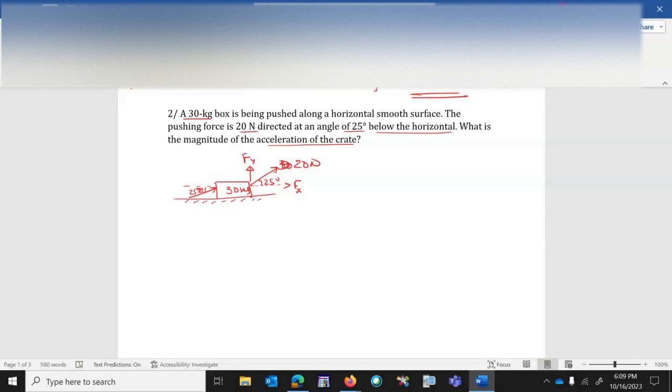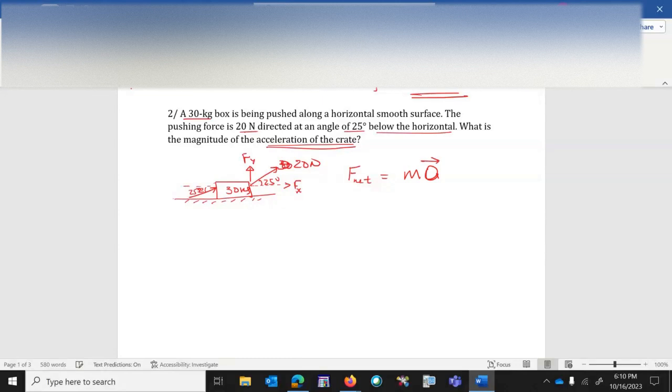The X component force is the one that is responsible for the movement of the crate. The acceleration of the crate is asked. So if I apply Newton's second law, F net is equal to mass times acceleration.